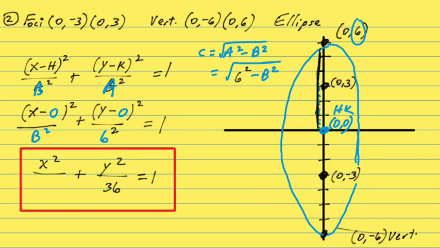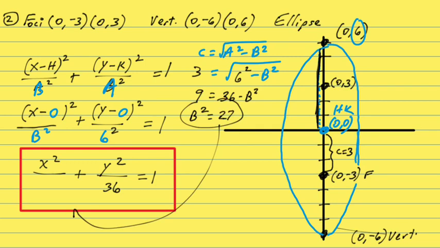And what is c's length? c goes from the center to the focus. So I think c is going to be 3. If I square both sides, the square root would go away. You'd have 36 minus b squared. If I move the b squared over and subtract, I think that makes b squared 27. Anyway, there's the equation for number 2.